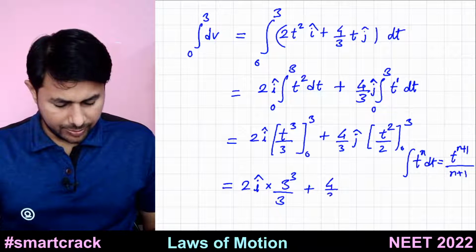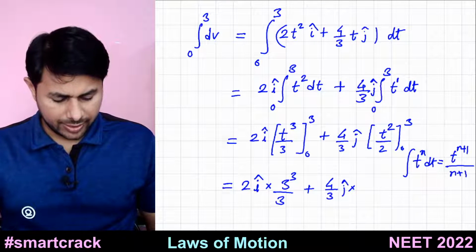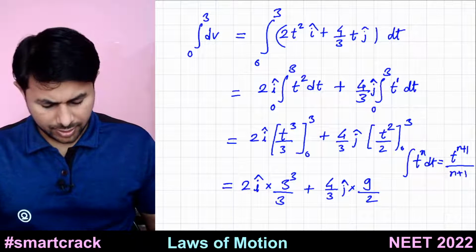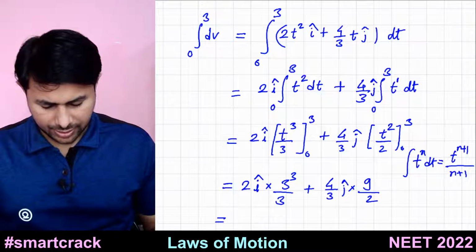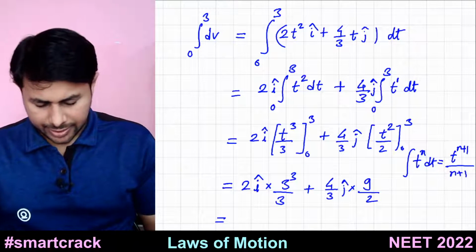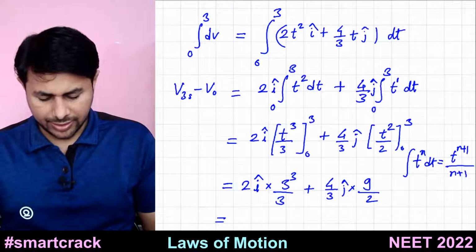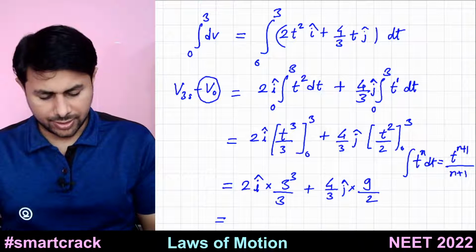Plus 4 by 3 j cap into t square upon 2, so it is 9 upon 2. If we do the calculations, this is the velocity at 3 seconds minus the velocity at 0, but we are given that the velocity at 0 is 0.